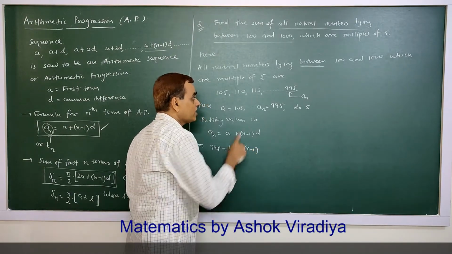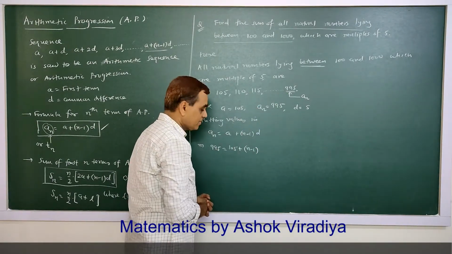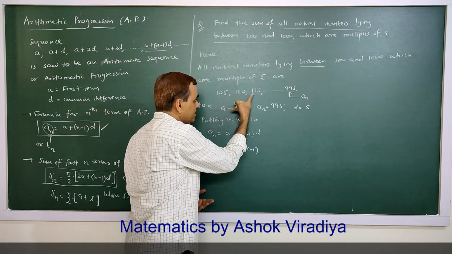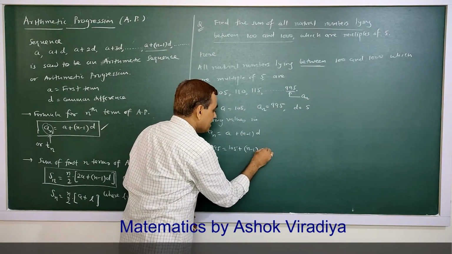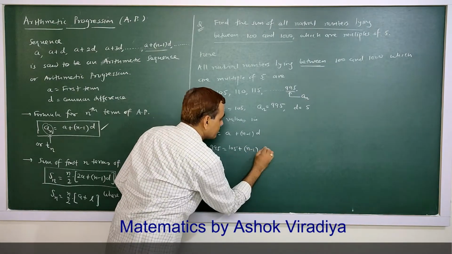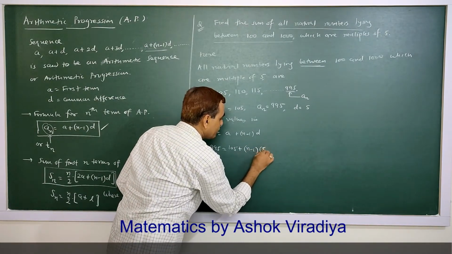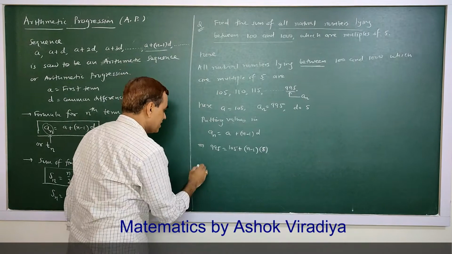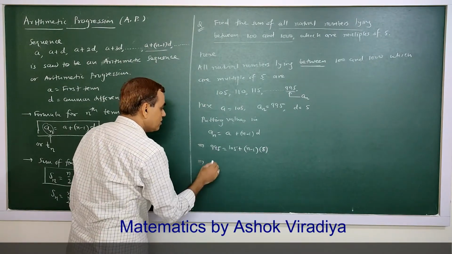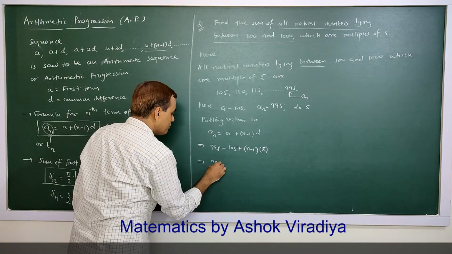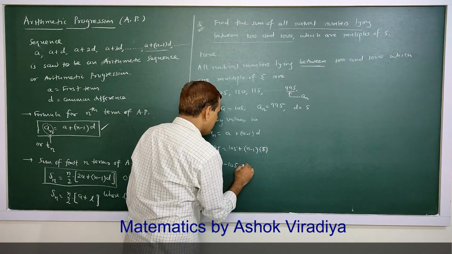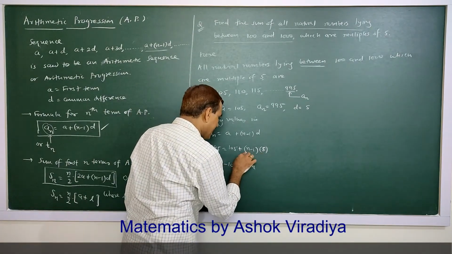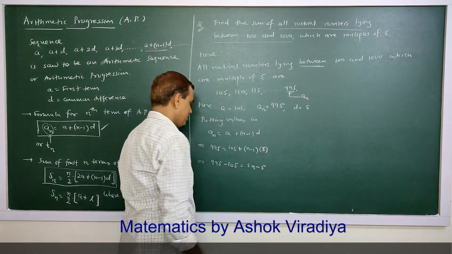It is unknown. What is the order of this term? This is the first term, this is the second term, this is the third term. We don't know what the order of this term is. So into d, d is 5. Here I am putting 5. So now 995 minus 105 equal to 5n minus 5.